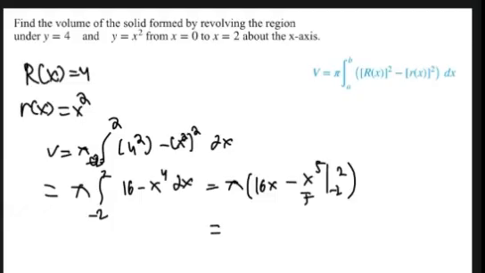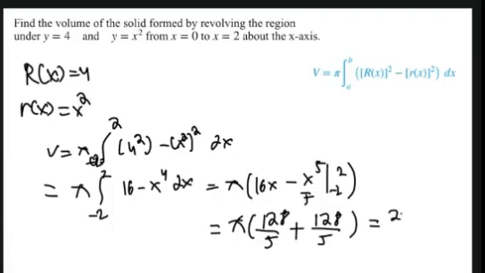And so once we evaluate it at 2, we get 128 over 5. And we evaluate it at negative 2, we get negative 128 over 5. And we're just left with 256 over 5. So the final volume is 256 pi all over 5. And this one is nice because it also reminds you to be careful with those negative lower bounds.